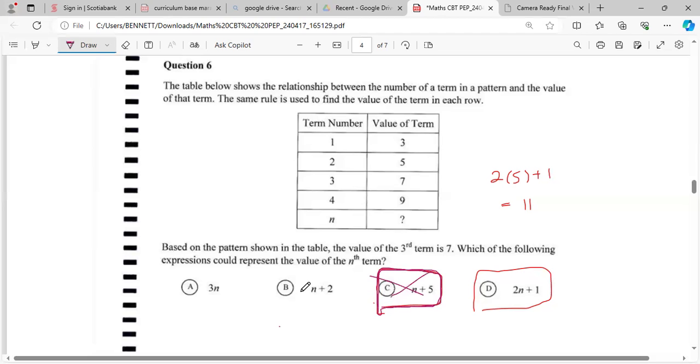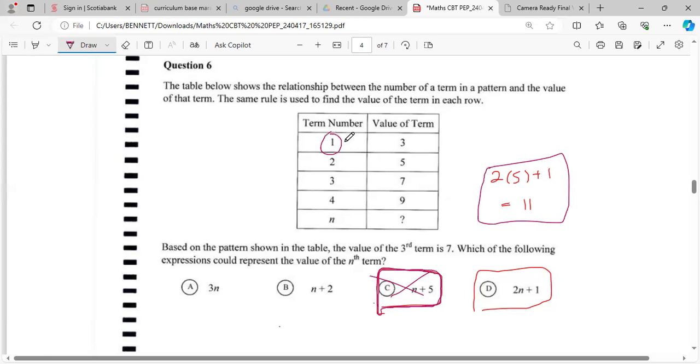All right. What about the class? Do we agree that it's 2n plus 1? Yes, sir. All right, guys, even though she used this as the example, what it's actually asking is what's the rule. So forget this one.